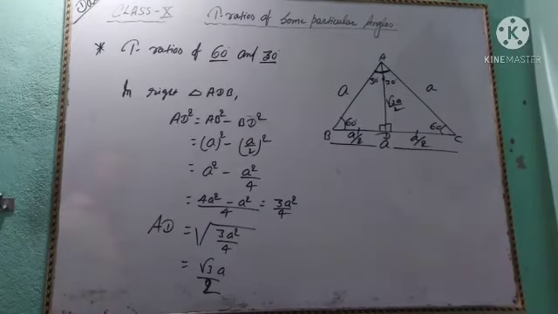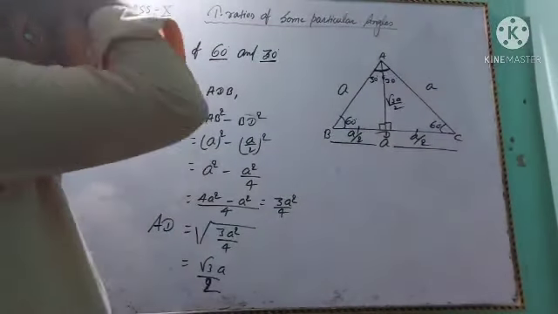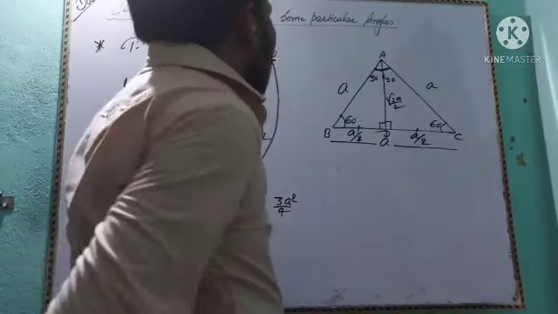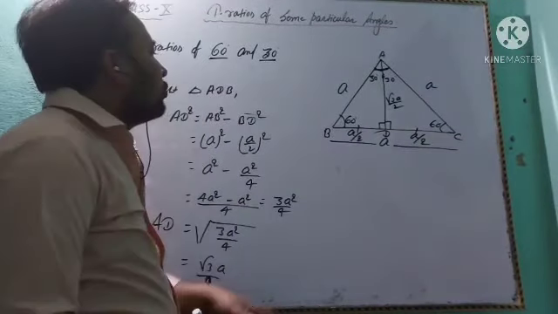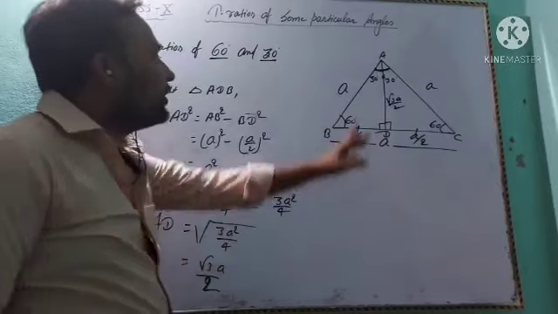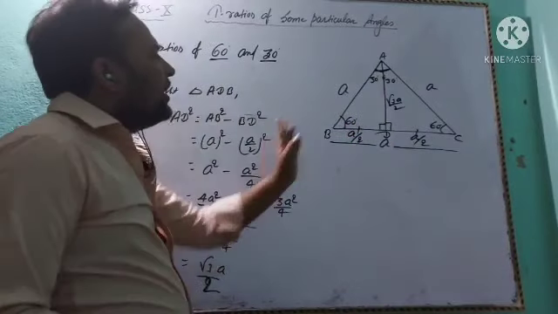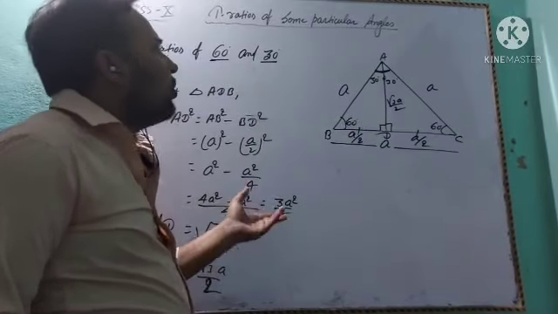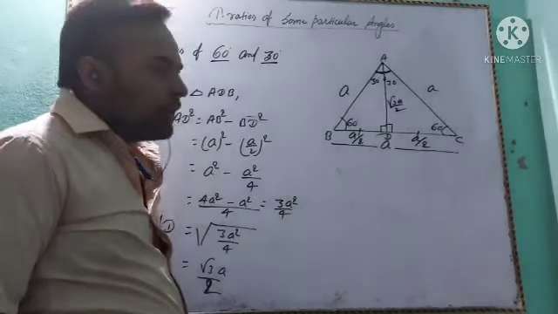So students, first of all find the trigonometric ratios of 60 degrees in triangle ADB, or in triangle ADC, no problem.